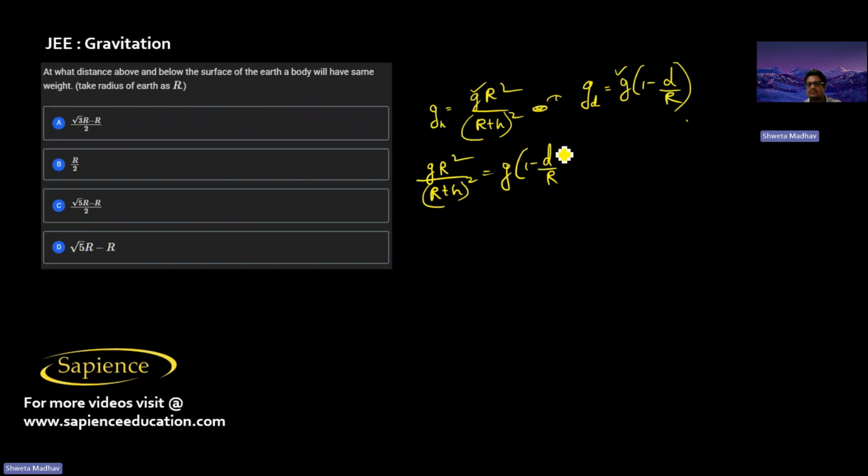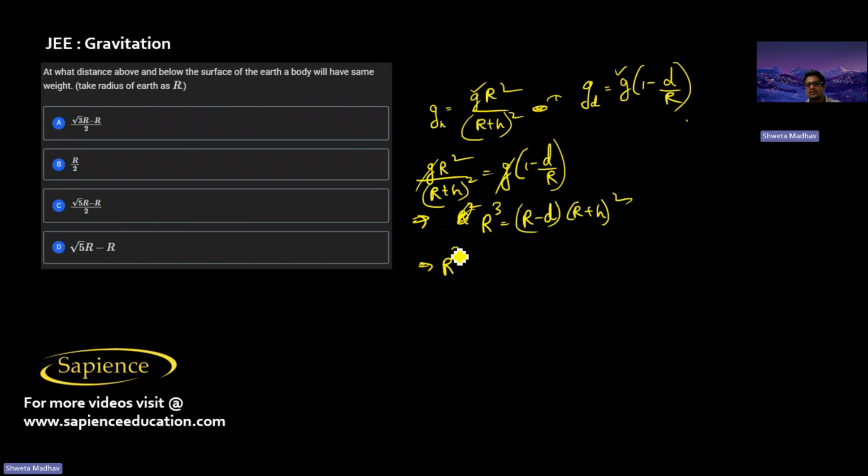d by R. So g will get cancelled. We can say that R square, R cube will be equal to R minus d into R plus h whole square.